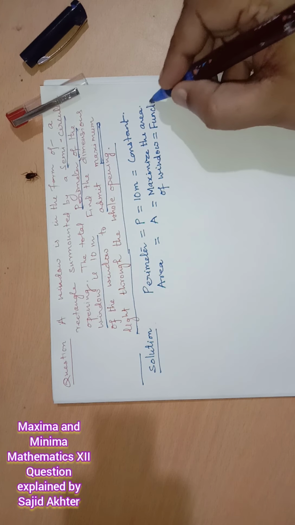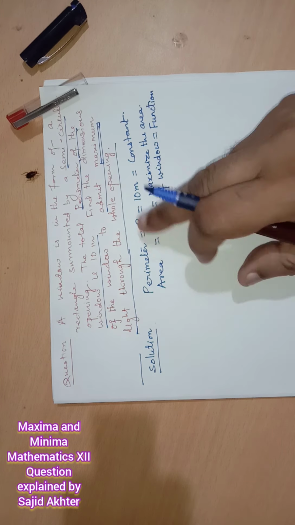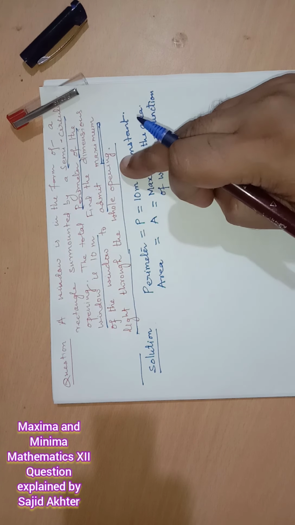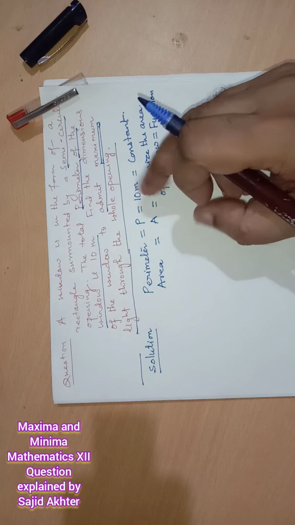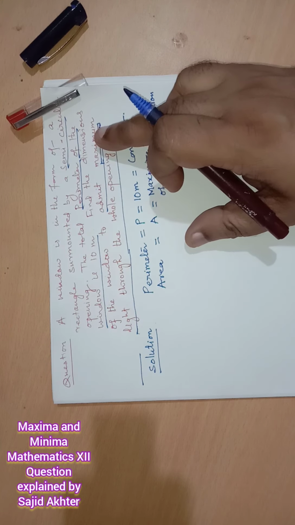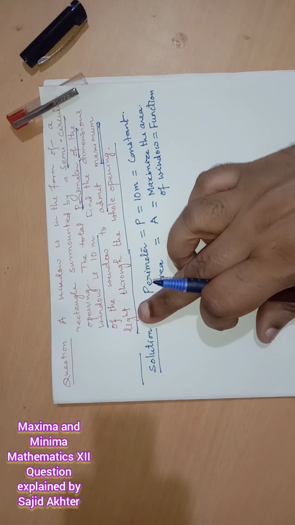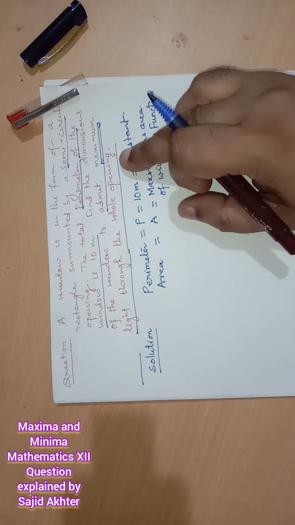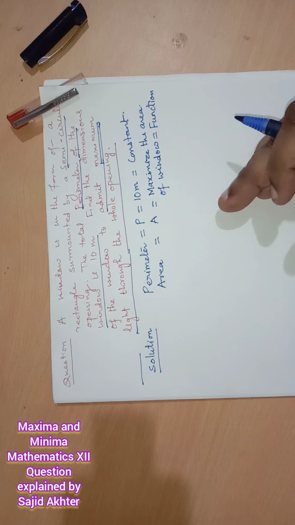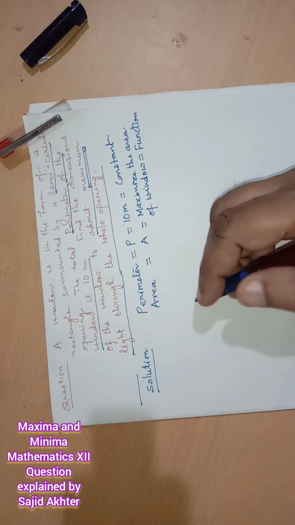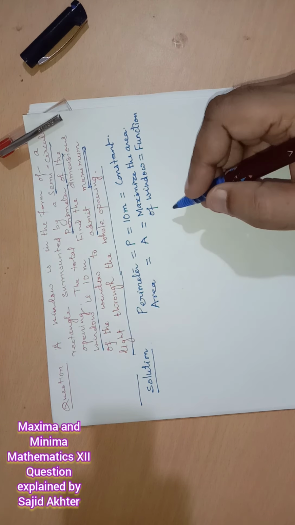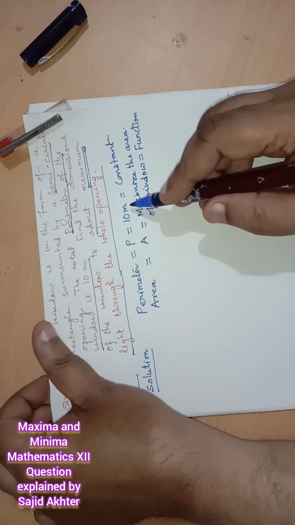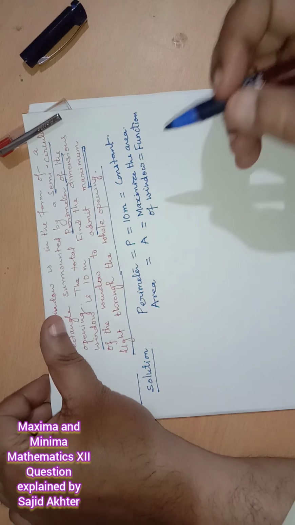The light through the whole opening will be maximum when the area will be maximum. So when the area is more, the whole opening will be more. So the area of the window is the function, and the perimeter is given as the constant. So this is the question.